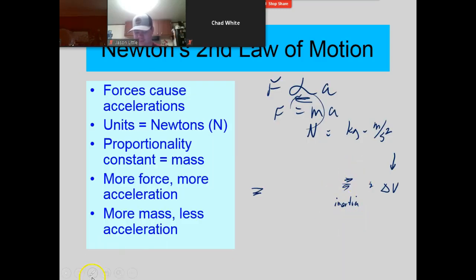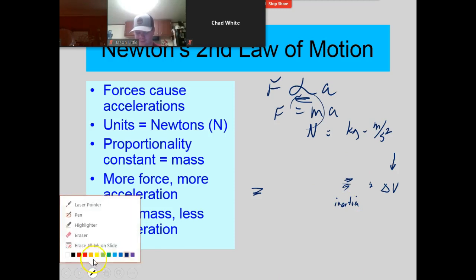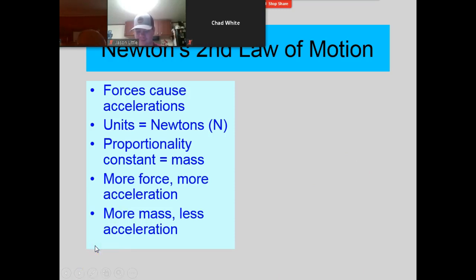If you look in your text on page 42 or 2-18, at the top of the right-hand column, you'll see figure 220, a guy riding a bicycle.